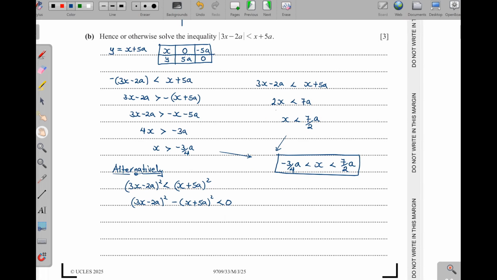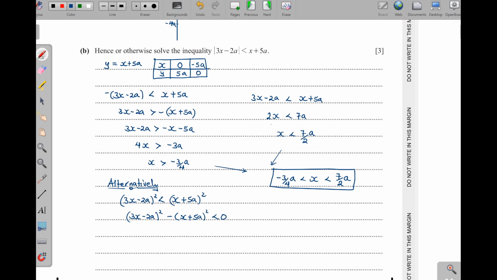Here you don't need to waste your time opening brackets and simplifying to a quadratic expression, then factorizing. But this is a difference of two squares, and we know that a squared minus b squared is equal to a plus b, into a minus b. My a is this one here, and my b is this one here. So I will first add them.